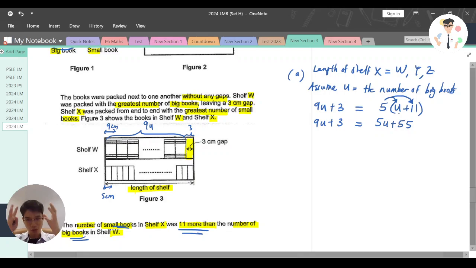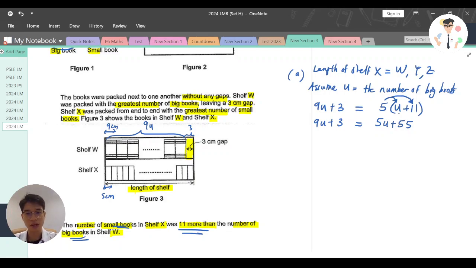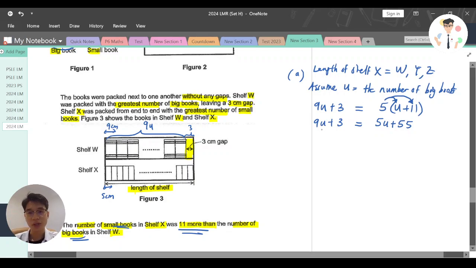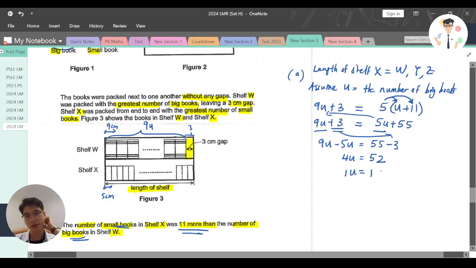So added together is 5 unit plus 55. Okay. And as usual, let's move the units together and the numbers together. So there'll be 9 unit minus 5 unit equal to 55 minus 3. So 4 unit is equal to 52 and 1 unit is equal to 13.